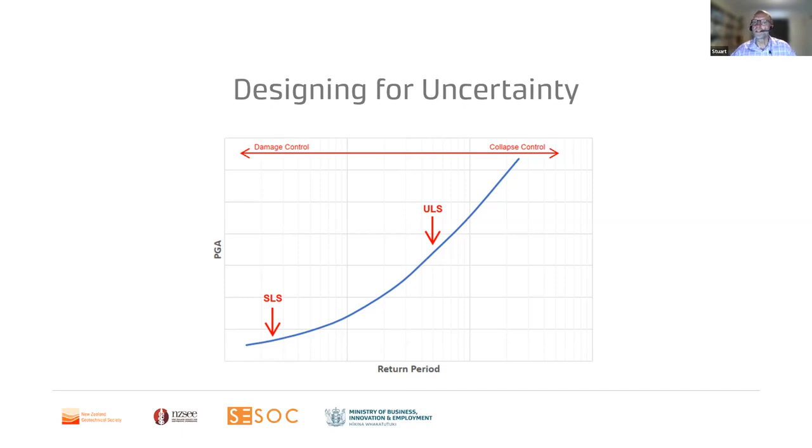It'll be likely something less than that, but possibly something more, possibly something beyond ULS. So in our designs, we need to be thinking about the full range of earthquake shaking. So earthquake shaking, which could be those smaller, more frequent events, we need to be thinking about damage control. And in those larger, rare events, including beyond ULS, we need to be thinking about collapse control.